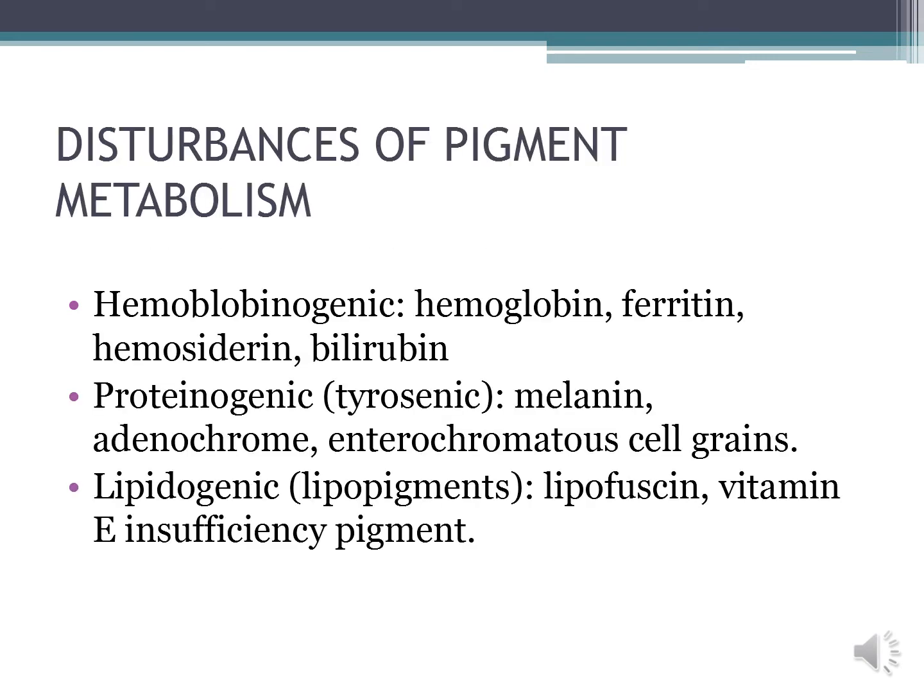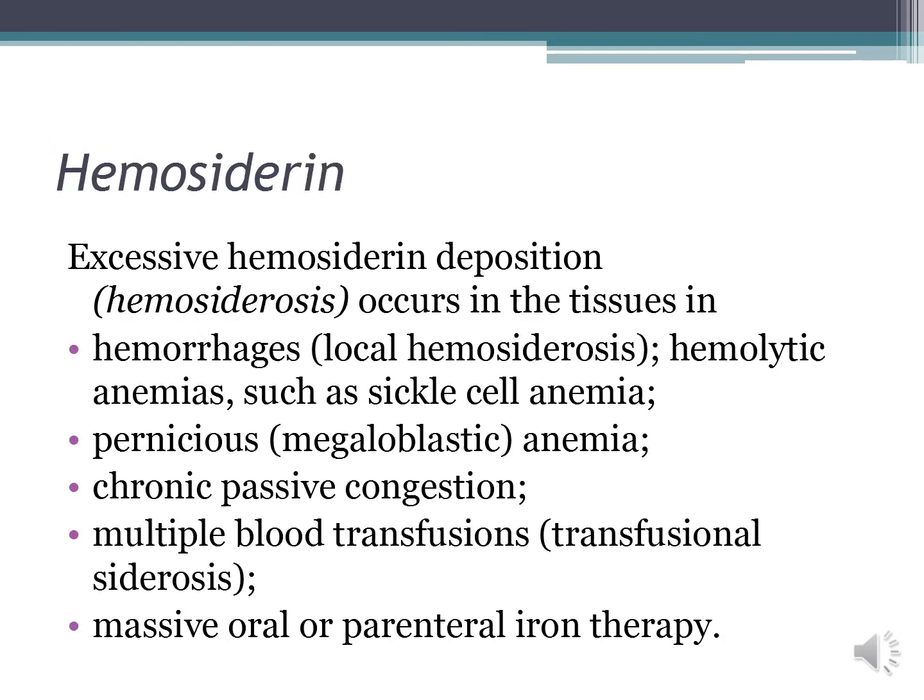By the way, all hemoglobinogenic pigments are formed after the breakdown of the erythrocytes, because erythrocytes have hemoglobin as a component of their structure.